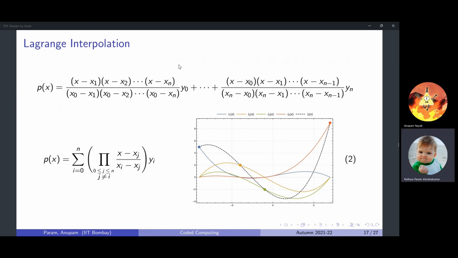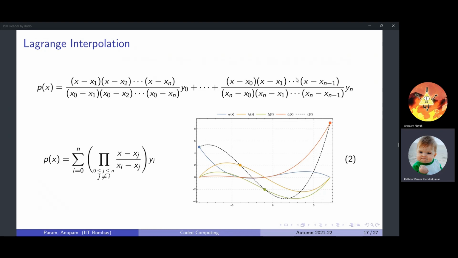This is the sum for x0, and here you can see that if the point is x0, this fraction will be 1, and if it is anything other than x0, say x1, x2, xn, the other points that we are evaluating, then this will be 0 because of these terms.